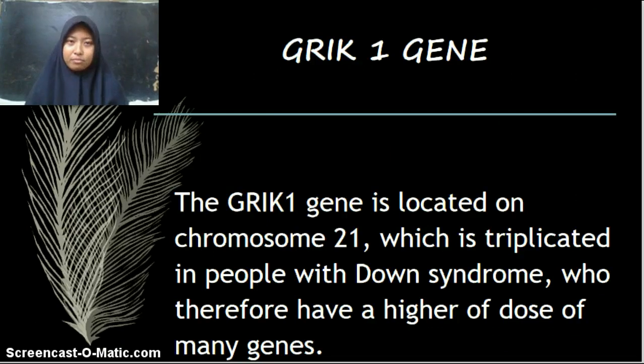And then this condition makes the baby have 47 chromosomes in each cell, not 46 chromosomes, or 23 pairs, as normal people. This excess chromosome causes people with this syndrome to experience various physical and development problems.